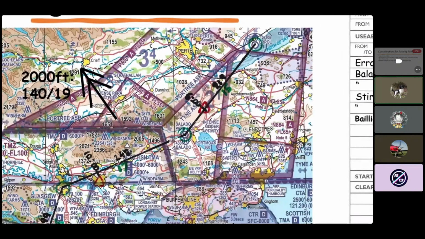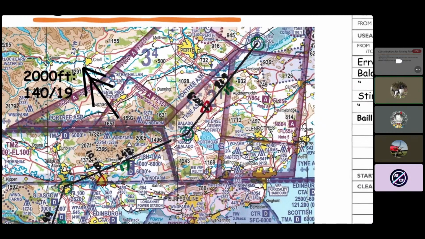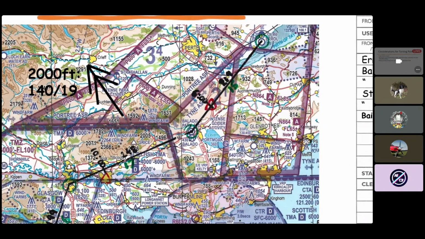My next turning point is Balado. Okay, now Balado itself isn't necessarily an obvious airfield. Okay, there's a microlight airfield down there. But what around about Balado might make that a good turning point, do you think? The lake, maybe?